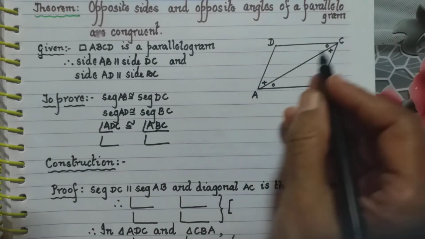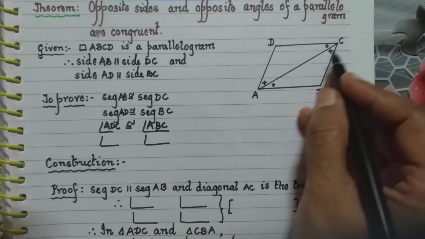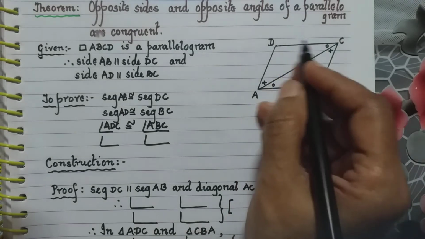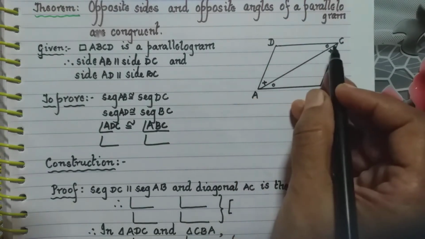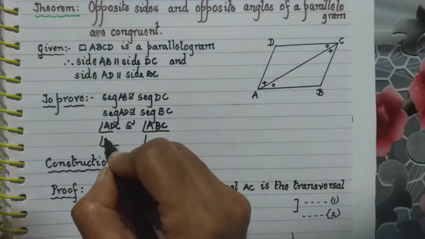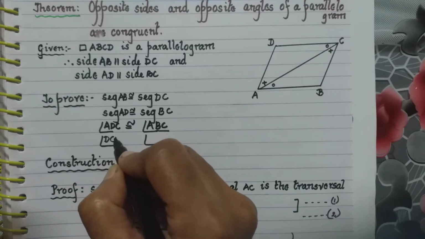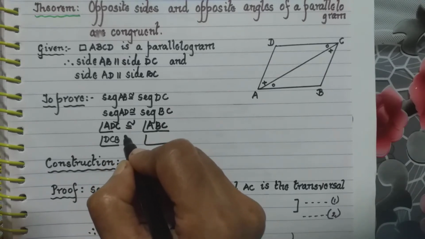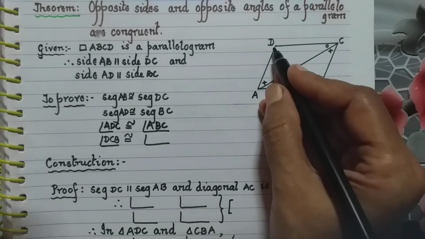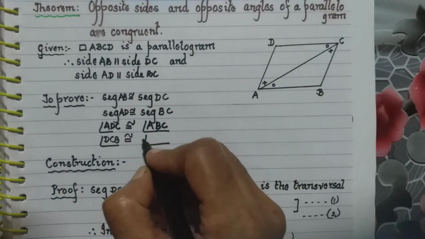And the other pair of opposite angles are angle C and angle A. So naming them, angle DCB is congruent to angle DAB.